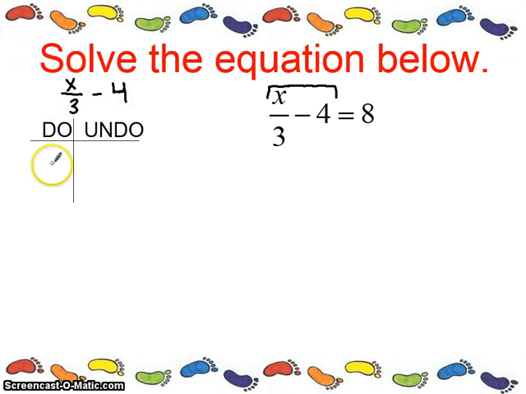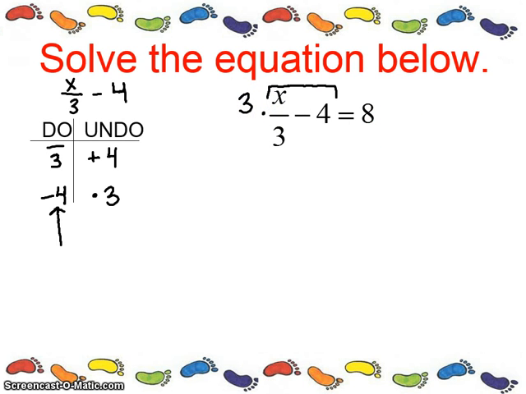If we knew what x was first, we'd have to divide it by 3 and then subtract 4. To undo that, use inverse operations in reverse order. What's the opposite of subtract 4? Add 4. What's the opposite of divide by 3? Times 3. So here are the two steps we need to do to solve this equation. We need to multiply each side by 3.